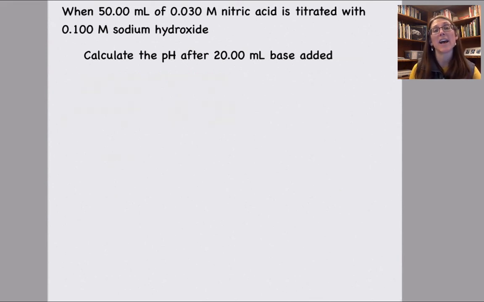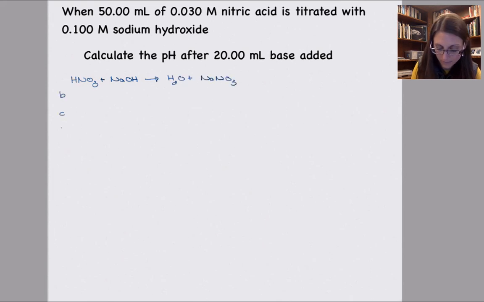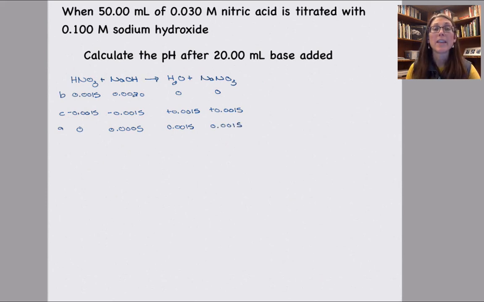And if I were to keep adding base and overshoot that equivalence point, I can again calculate the pH. And at this moment, if you look to see what's still in the flask at this time, we have sodium hydroxide. And so that's going to define our pH of this system.